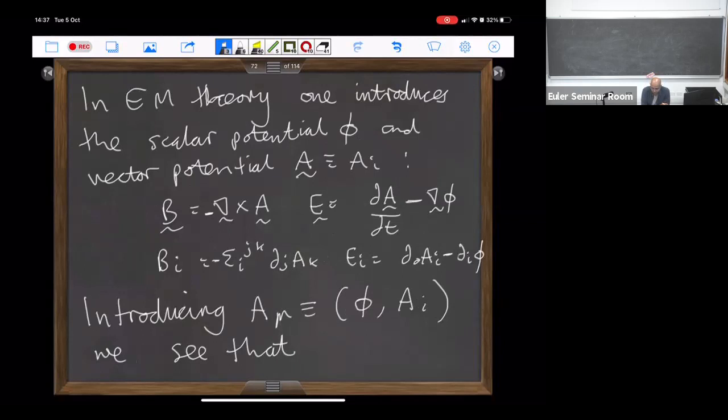So in some sense, phi and A i are more fundamental degrees of freedom because we derive E and B from them. And the equations for that are given here. So B is the curl of A. E is minus the time derivative of A minus the gradient of phi, sorry.